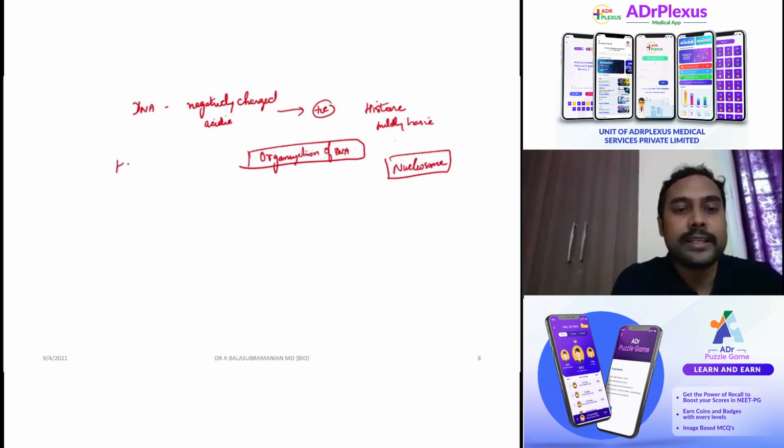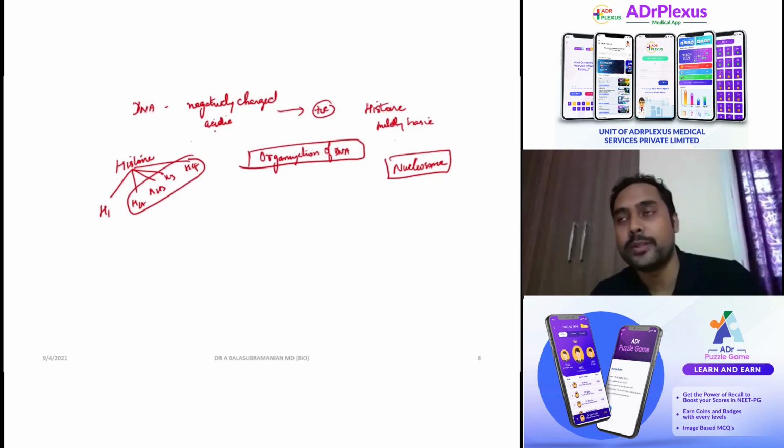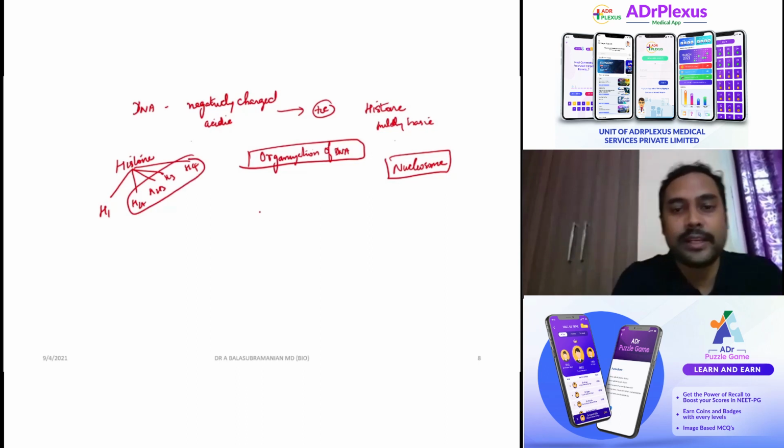Before going to that, histone molecules: there are totally 5 types of histones: H1, H2A, H2B, H3, H4. These 4 together form a group. Let us assume like this. Each of them is a dimer. Dimer means 2 subunits, so totally 8 subunits: 4 into 2, 8.